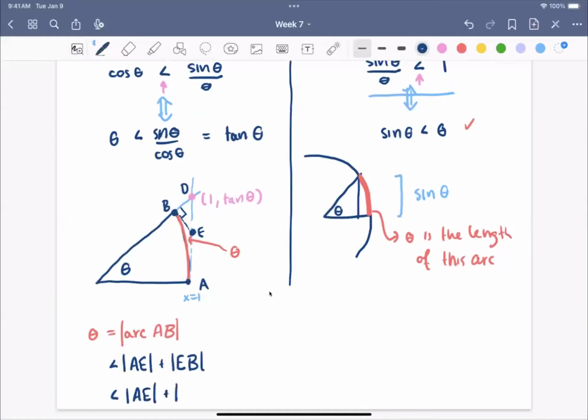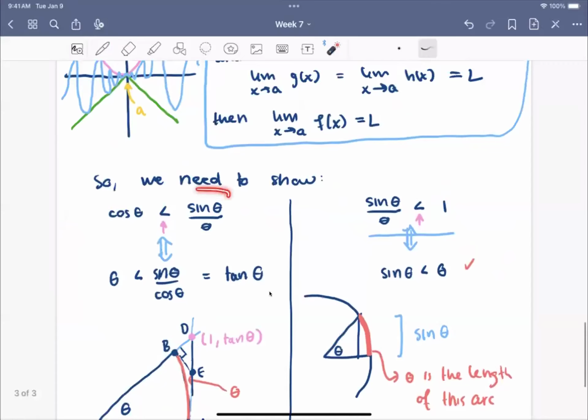And EB becomes ED. Okay, but AE plus ED is exactly this vertical line. It's this vertical line, which has length tan theta. Okay, so in summary, that proves this inequality here.